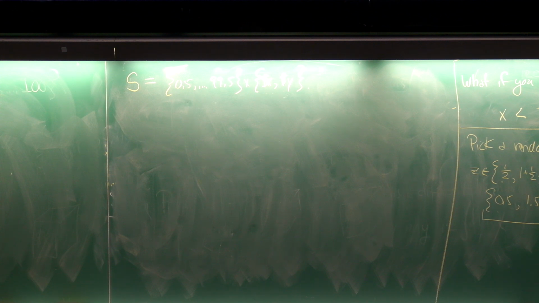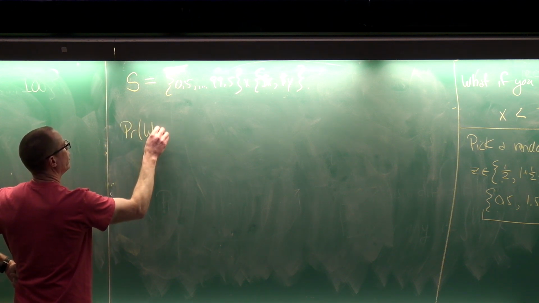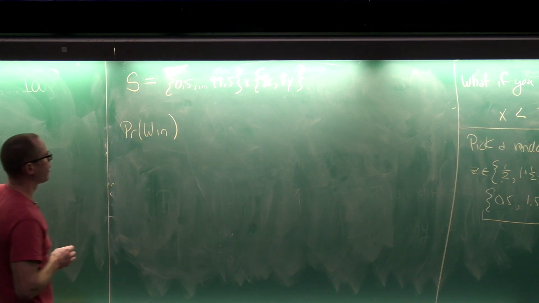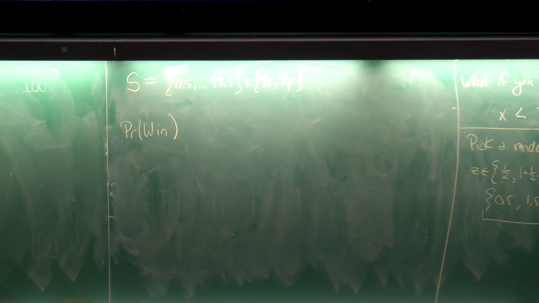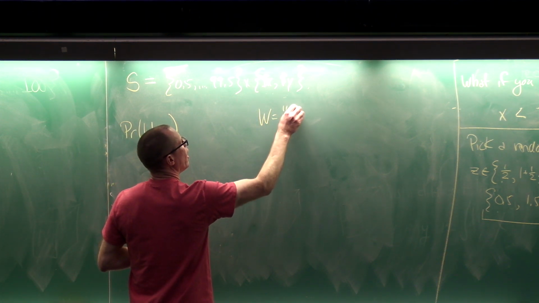So, let's look at, I want to know the probability of winning. So let's say W is the event: I win the game.